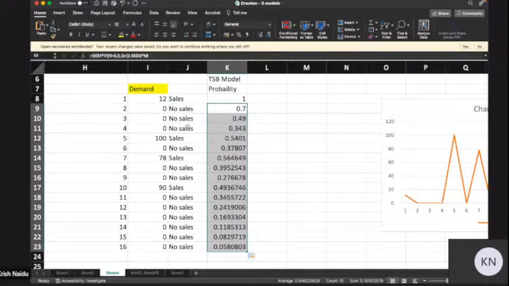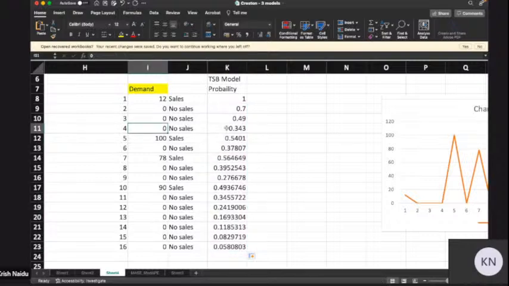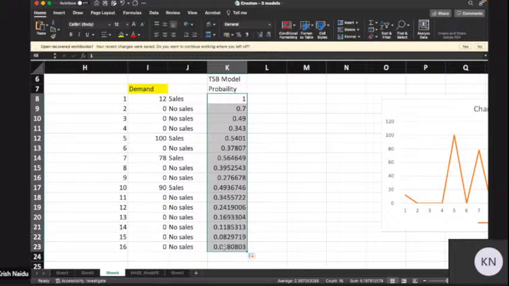If you look at wherever we have 0 demand, the probability is less, and wherever we have a demand more than 0, we have a high probability. Here 0.37, 78.56, 90.49, and for 0 it is 0.27.